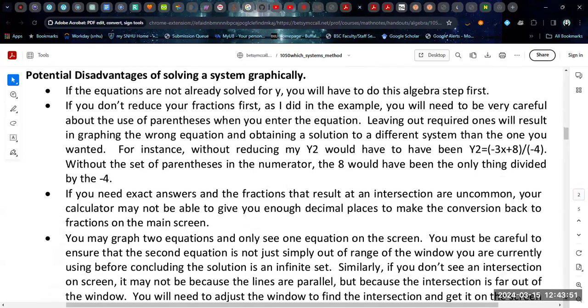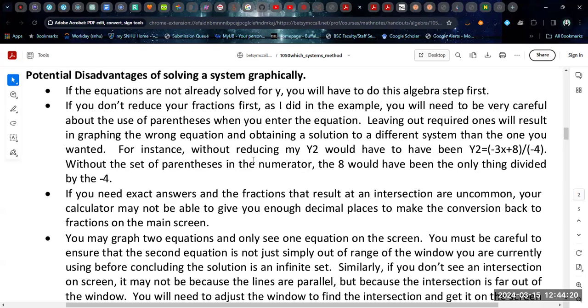Now, potential disadvantages are if the equations are not already solved for y, as we saw earlier, then you have to do this algebra first. If you don't reduce your fractions, then you'll need to be very careful about how you put parentheses into the problem. If you leave out parentheses where they need to go, then the equation that you get will not be correct.